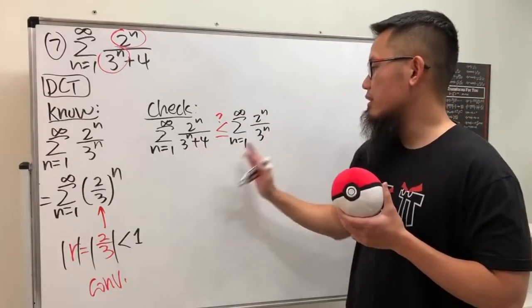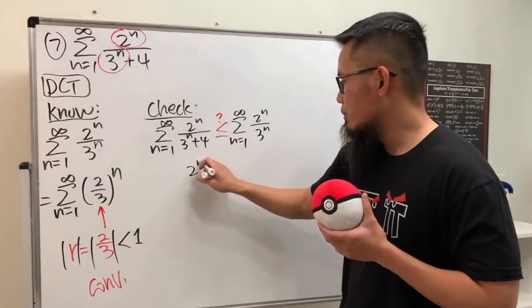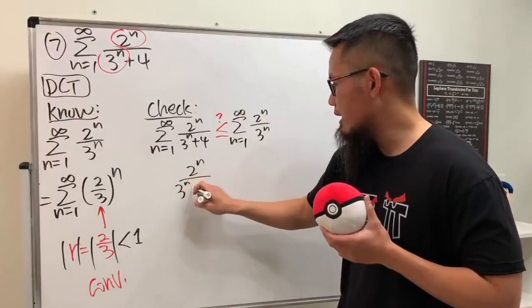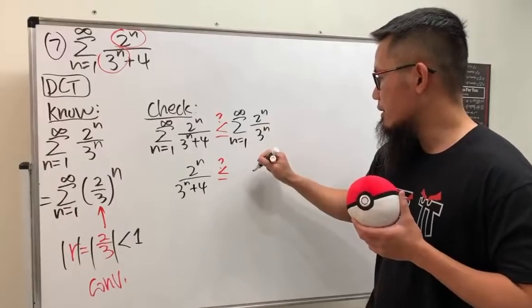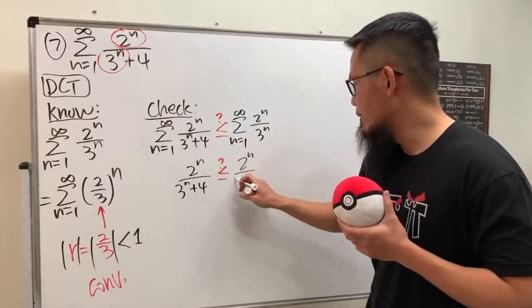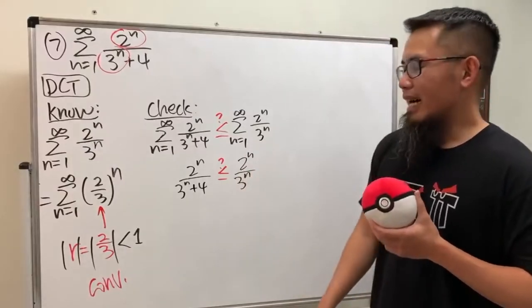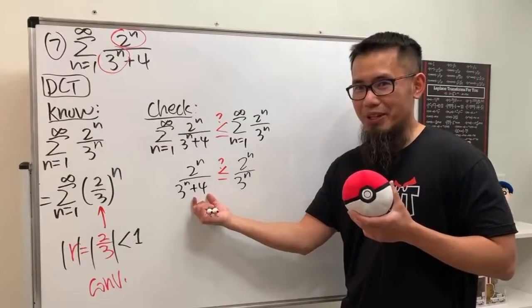And notice that this term and that term are positive, so just go ahead and do the usual thing. Is 2 to the n over 3 to the n plus 4 less than or equal to 2 to the n over 3 to the n? I know this is true because the bottom right here is bigger, right?